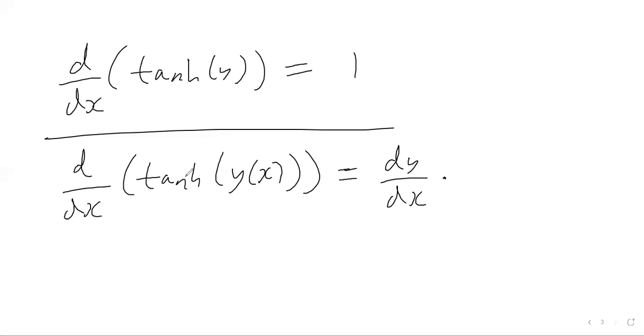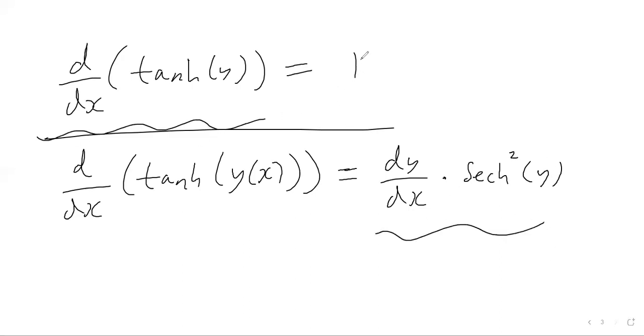We know the derivative of tanh, because we worked it out in a previous video, to be sech squared. The hyperbolic sec function is what sech is. So sech squared of y is the derivative of tanh of y with respect to y. So dy by dx times sech squared of y equals the number 1, because this equals that up there.